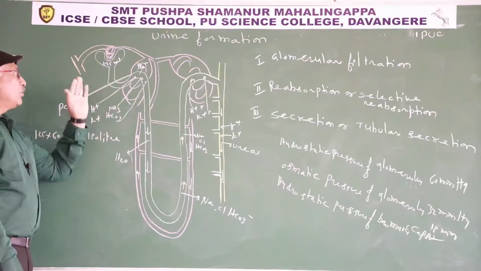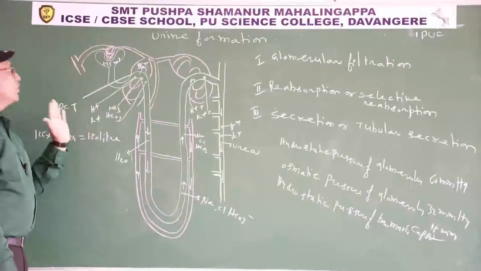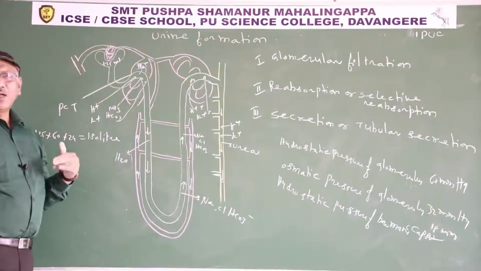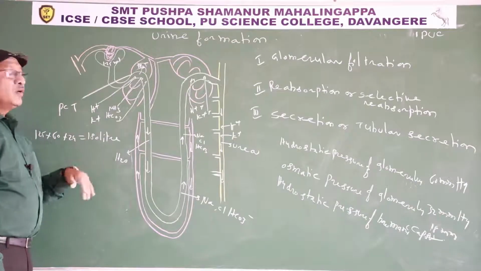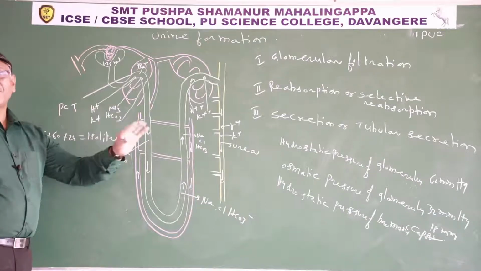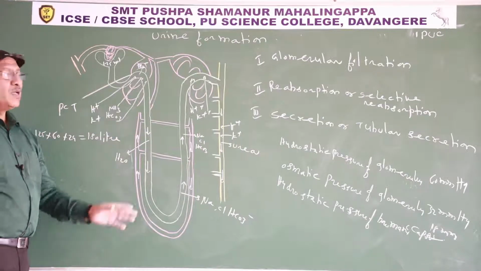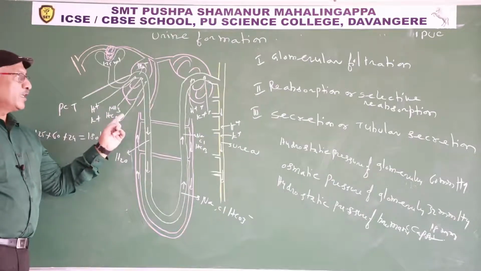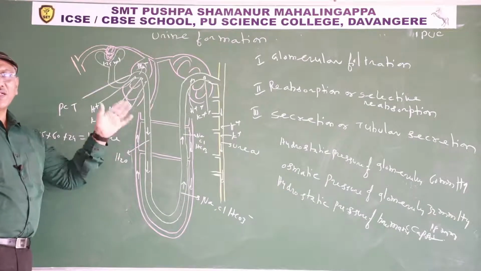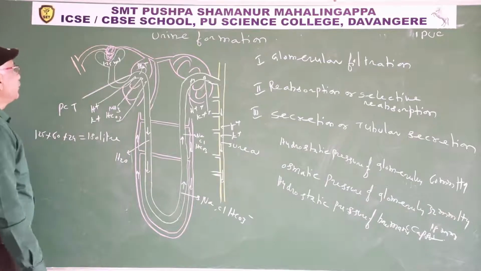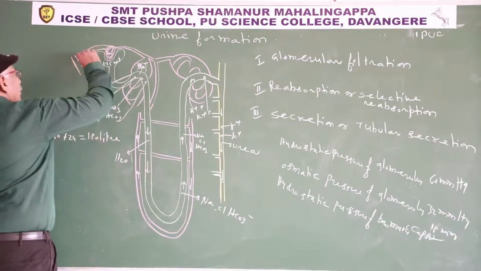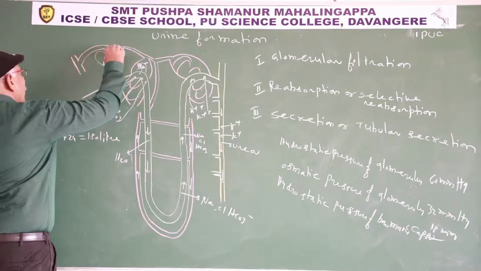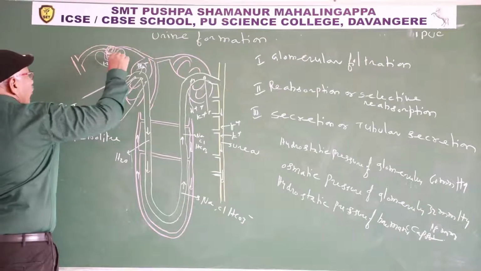So the 1100 to 1200 ml of blood is supplied to all glomeruli present in the two kidneys, means 20 lakh glomeruli. Each kidney has 1 million, 10 lakhs, so 20 lakh glomeruli. So each minute 1100 to 1200 ml of blood is filtered through 20 lakh glomeruli.